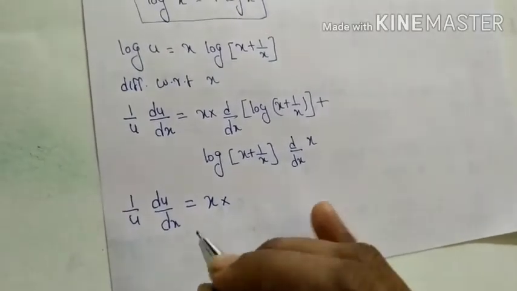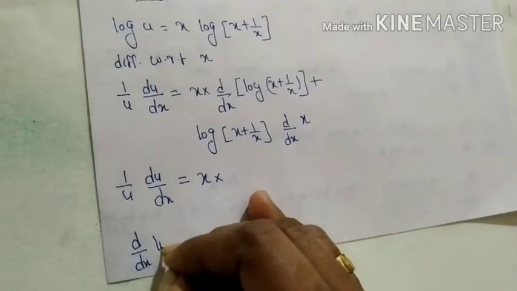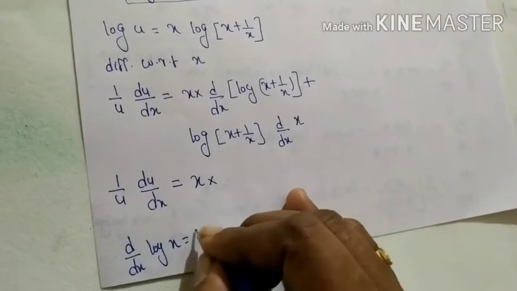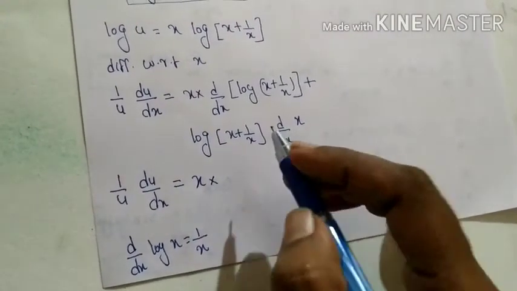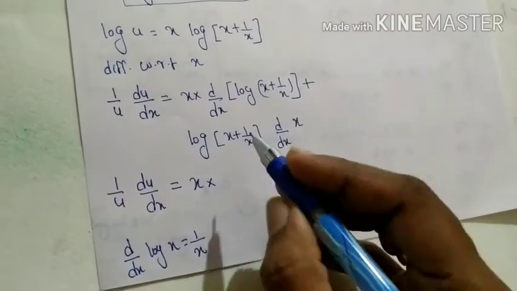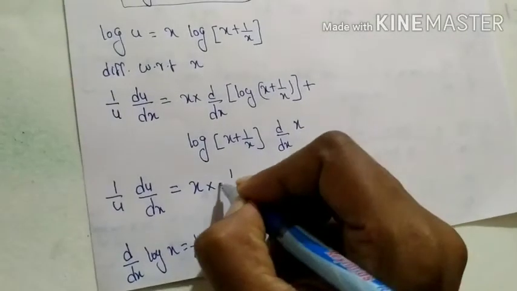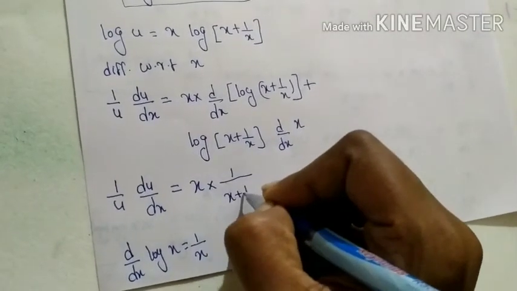We know that the standard derivative of log x is 1 by x, but here we need log of (x plus 1 by x). So this x is replaced by x plus 1 by x. We get 1 divided by (x plus 1 by x).